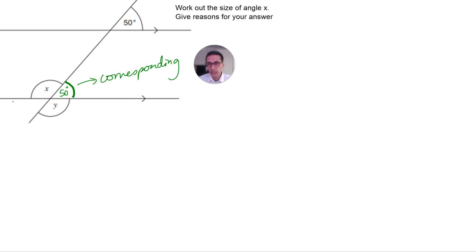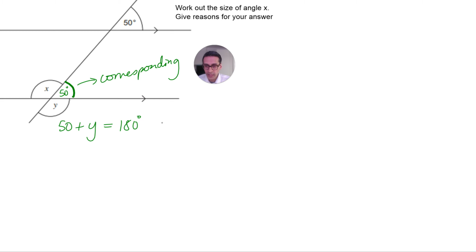Now, normally diagrams like this will have letters on the end of each of the lines or for the angles, so you can actually reference them when you're writing the answer. But here I'm just going to use the diagram as the example. And then we can say from here, 50 plus y must equal 180 degrees.